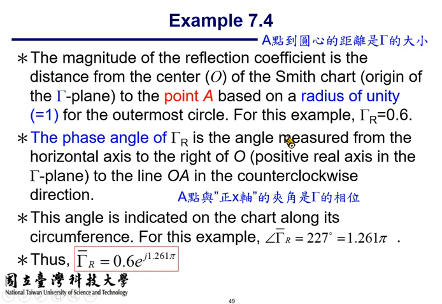The ratio of the distance from point A to the center of the circle divided by the radius of the circle is the magnitude of the reflection coefficient, and the angle between point A and the positive real axis is the phase. If you express this in radians, not degrees, then the reflection coefficient of this point will be 0.6 times exponential j 1.26 pi.